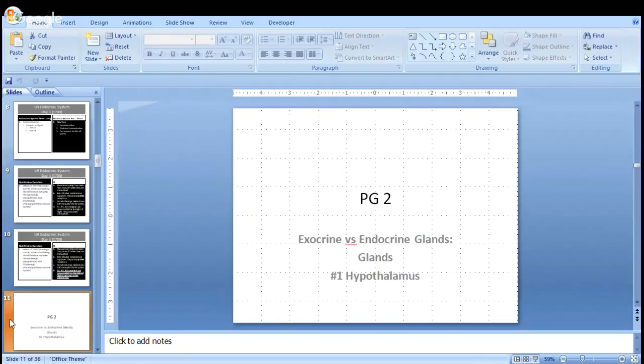So the easy way to remember this is local communication versus long distance communication. Right. So Zakara, since you jumped on this earlier, which one is short distance communication, exocrine or endocrine? Endocrine. So which one's which?